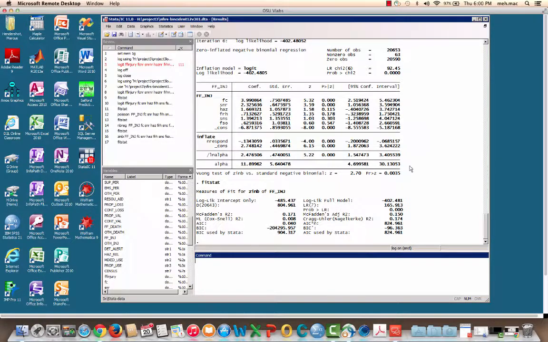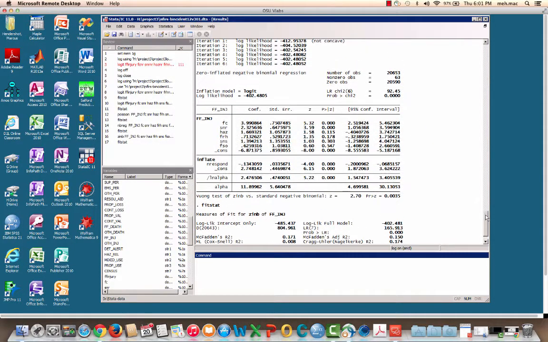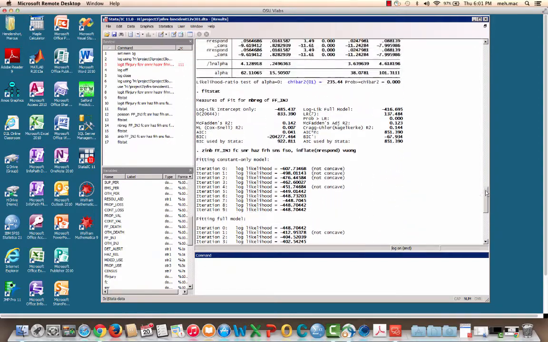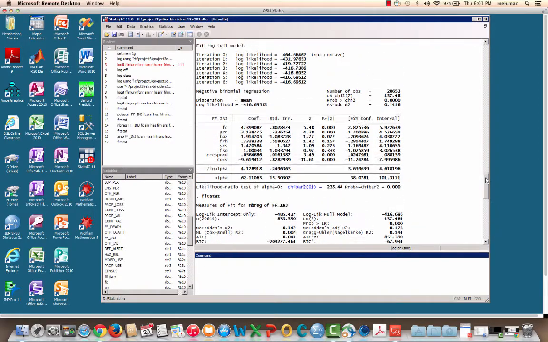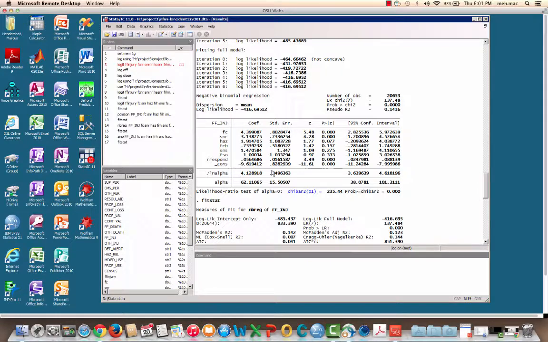If we go up and look at the previous one, we had those up here too, right? And these values coming back and being important tell you that you need to use a negative binomial versus a Poisson.